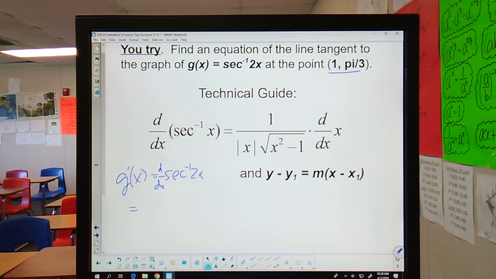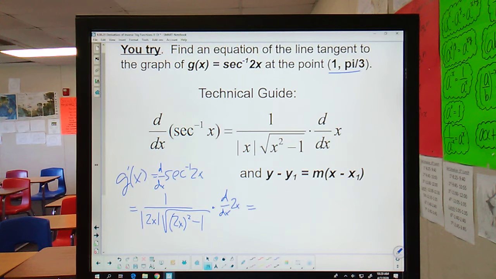For the derivative of an inverse secant, it's 1 over the absolute value of the unknown. The unknown is 2x. All right, like that. Multiplied by the square root of the unknown, 2x squared minus 1. The chain rule again says throw in the derivative of the unknown, so the derivative of the 2x.